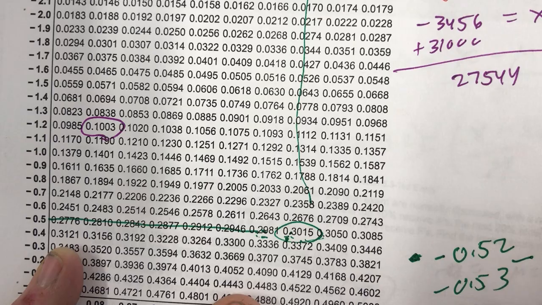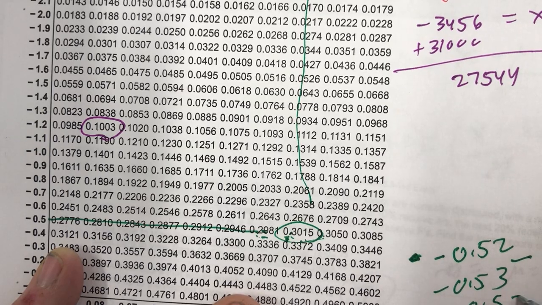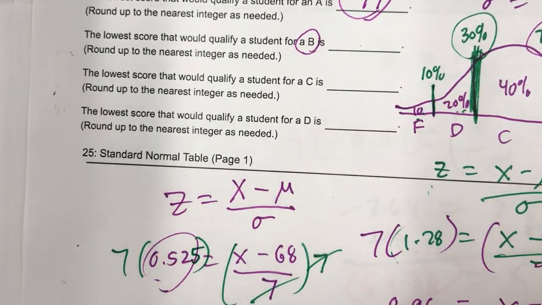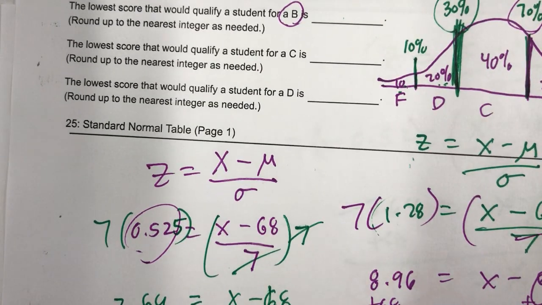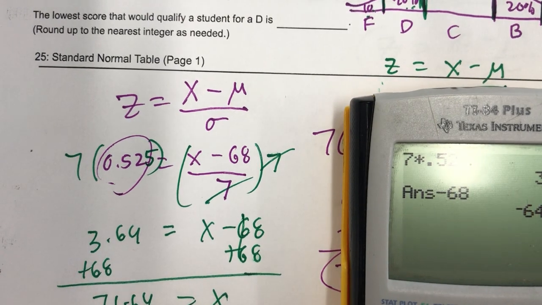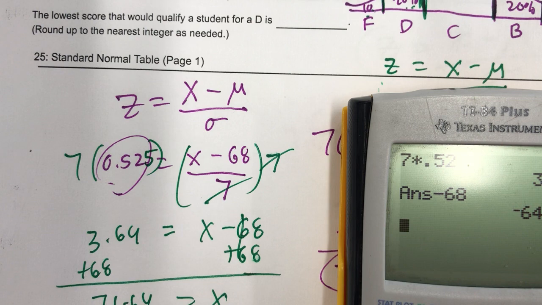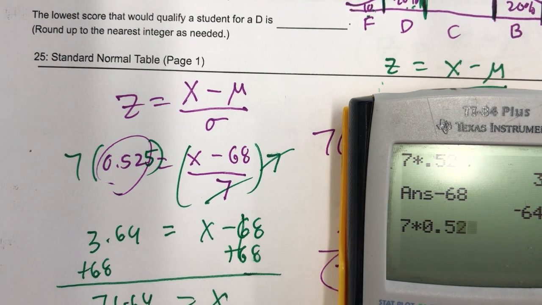So it's in between those, so I'm going to do negative 0.525. I probably should have done that, but I think it probably would count as 72. I think it would. But 7 times 0.525.